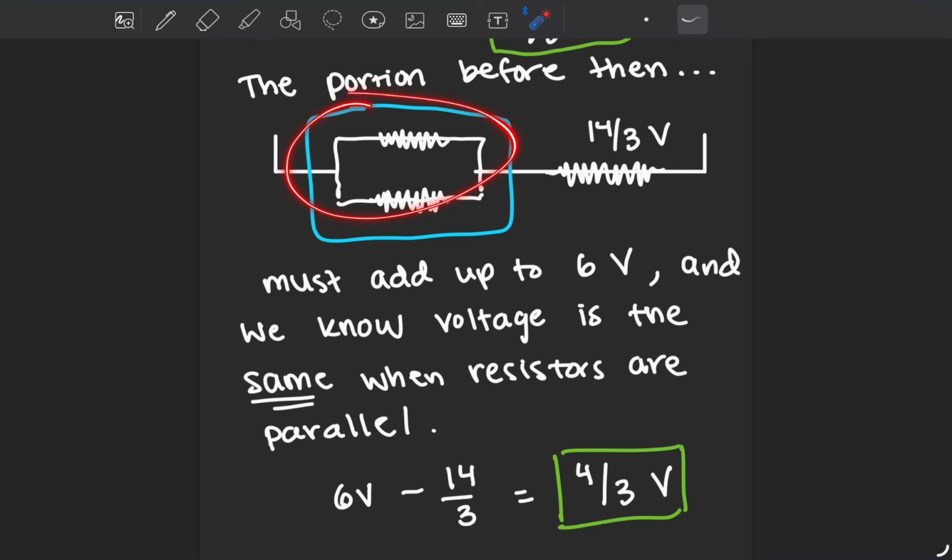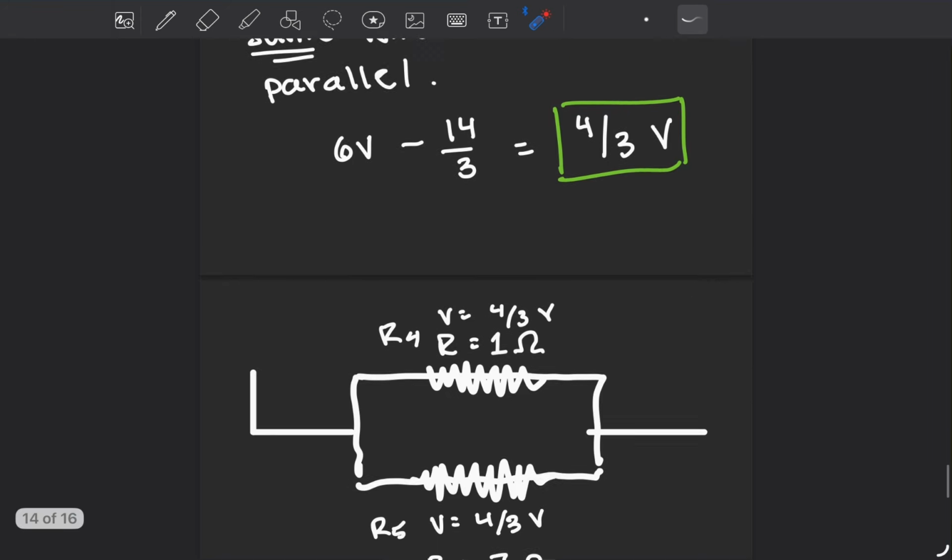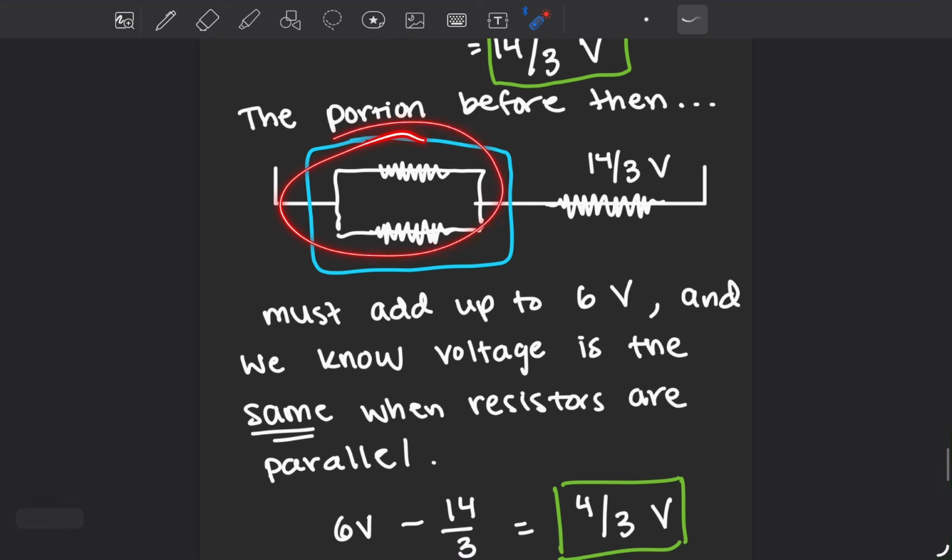So now for this portion, we know that when in series, voltage is split up. And so the voltage needs to add up to 6 volts. In order to get to 6 volts from 14/3, we have to have 4/3 volts. Therefore, 4/3 volts goes into this portion.